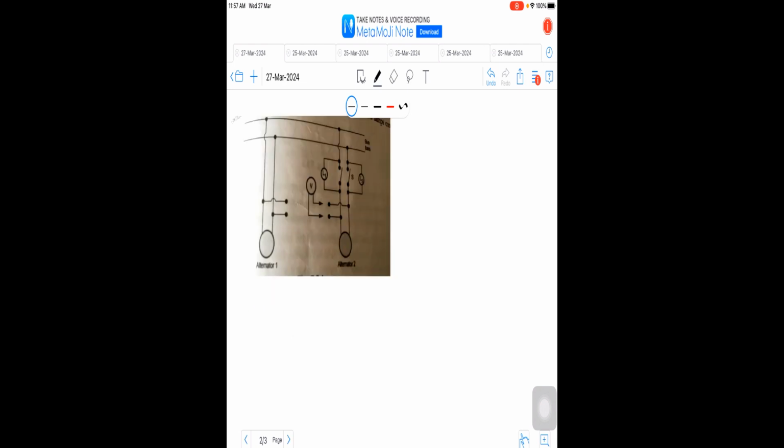Similarly, we have the lamps bright method, as you can see in the diagram. It is very difficult to judge the correct instant of zero voltage in the lamps dark method, so that method is being replaced with the lamps bright method. In this method, we introduce the lamps as shown.